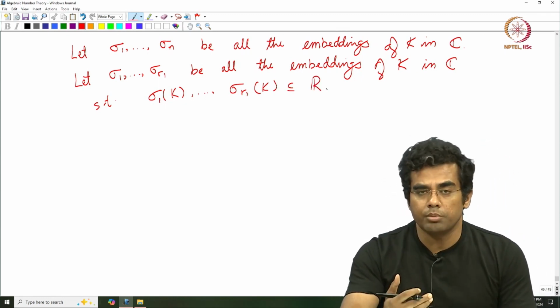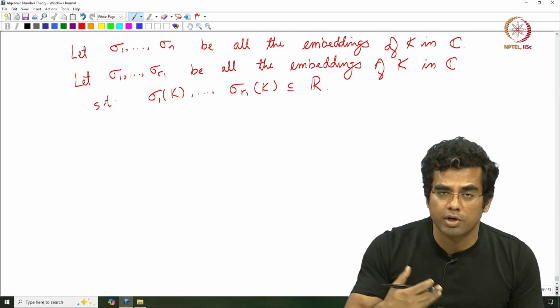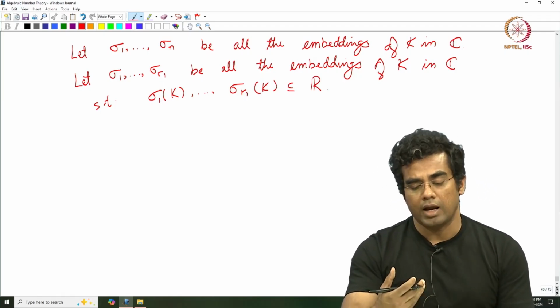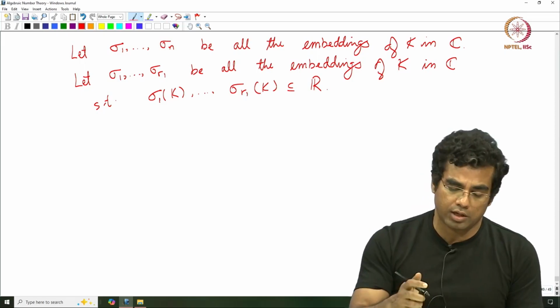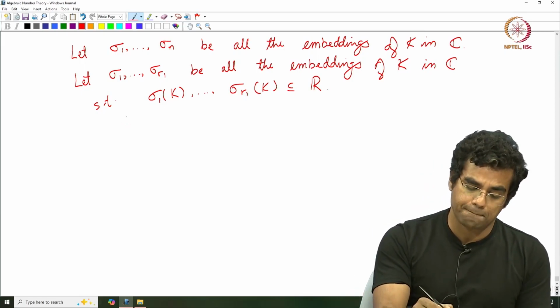So, out of these embeddings there will be some embeddings whose image will be contained in R and some embeddings whose image will not be contained in R. Okay.